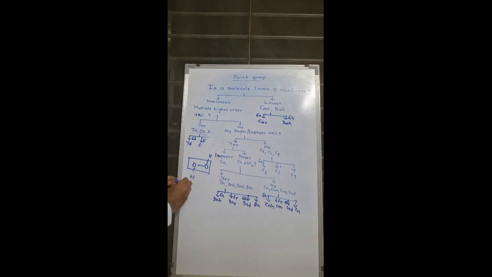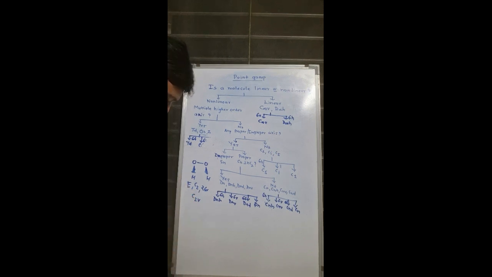So this molecule consists of E, C2 and sigma H. So the point group is C2H. And the last example, non-planar hydrogen peroxide. This molecule consists of E, C2, 2 sigma V. It means the point group is C2V.